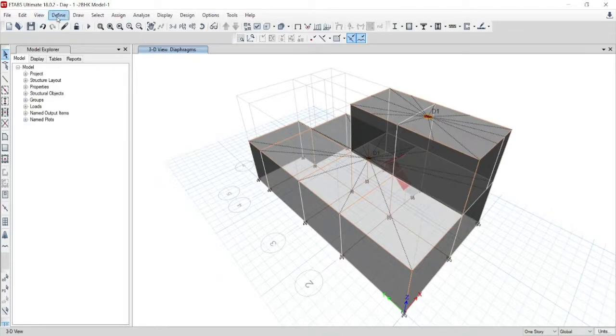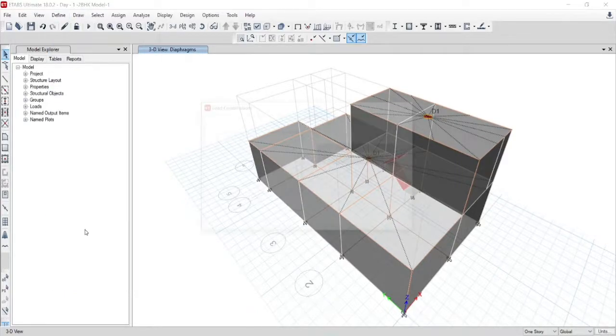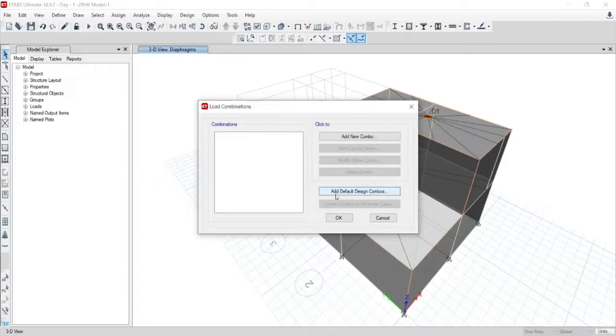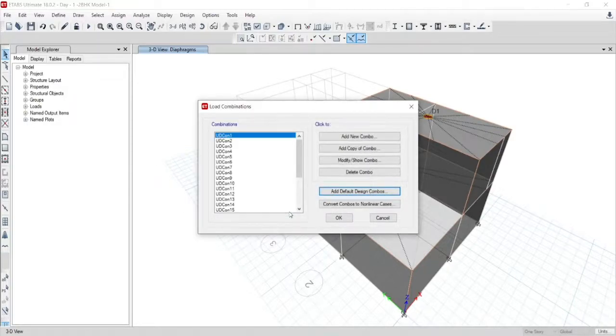Okay, let us define load cases and load combinations. Let us add design default combination for concrete frames, convert, and OK. You can see that a number of load combinations have been made.